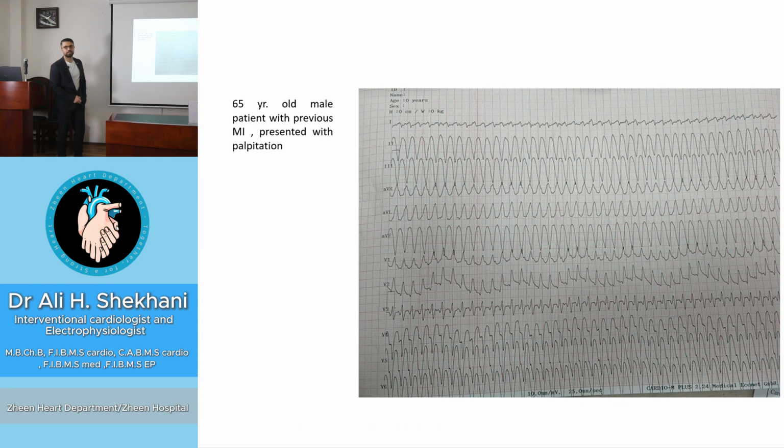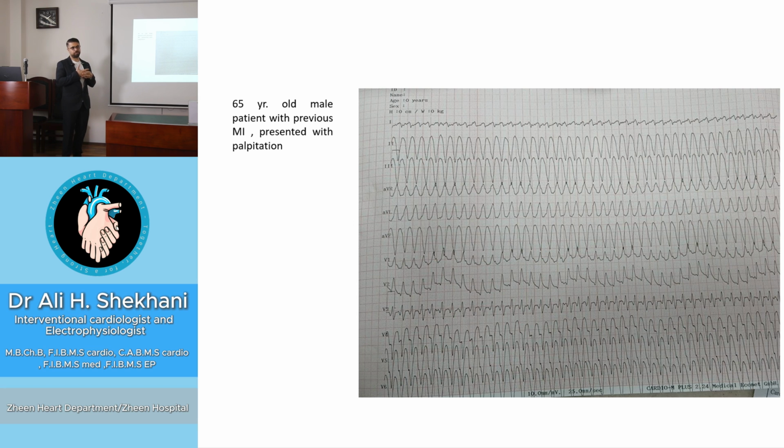Yesterday I received this patient from the emergency department. This is a 65-year-old male patient with previous MI, who presented with palpitation for the first time and was admitted to our cardiac unit. Actually, he received a DC shock. I told you history is very important in ECG interpretation.